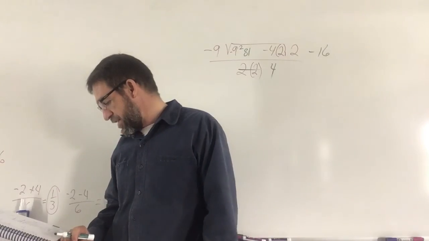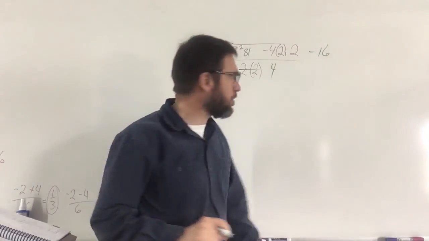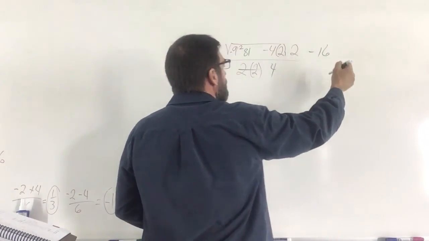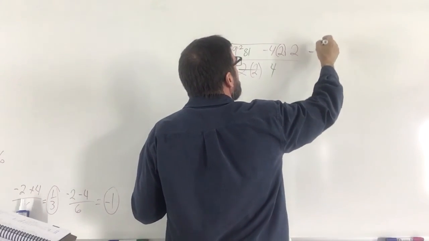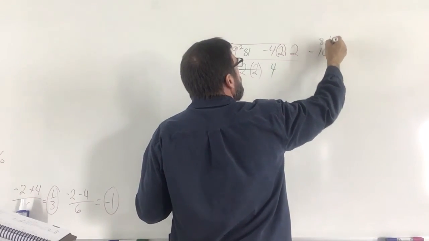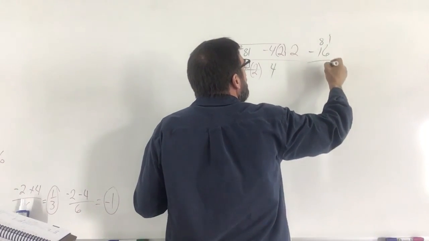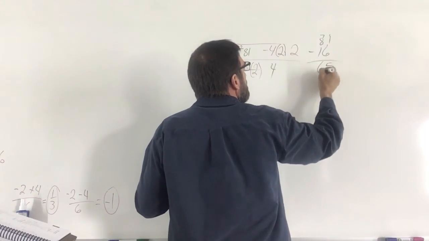The next thing is I shall combine these two, 81 and 16. Uh-oh, I have two negative numbers, so I shall subtract 16 from 81. 6 from 11 is 5, and this is 7, 1 from 7 is 65.